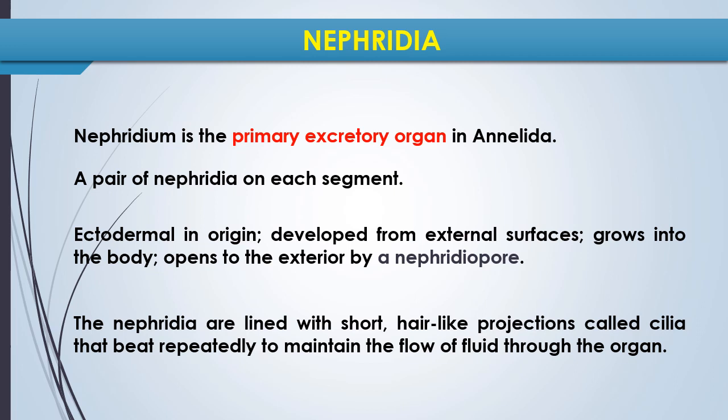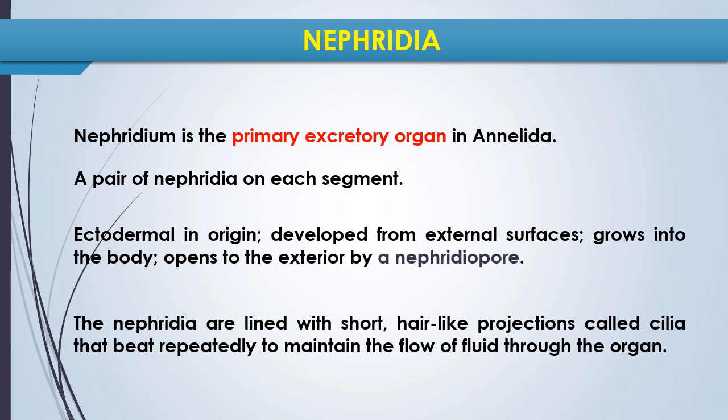The nephrostome is a funnel-like component of a nephridium, especially a metanephridium. It is always oriented towards the coelom. The nephrostome is covered from inside with cilia, which push the water, metabolic waste, and other substances into the metanephridium. The nephridia are lined with short hair-like structures called cilia.